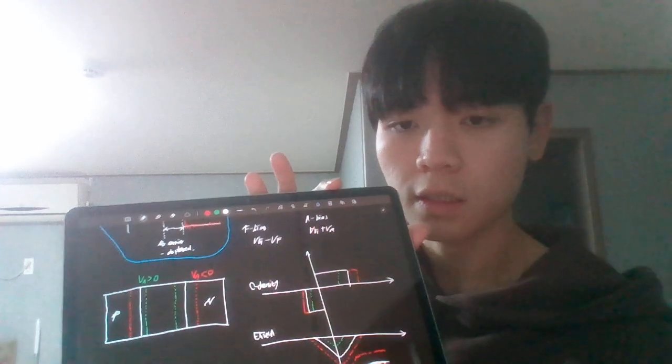We can easily see in the picture that when it is reverse bias, it's wider than before, and when it's forward bias, it's smaller than before. It is because when the reverse bias is applied, the electrons and holes in the n and p types tend to move in the opposite direction, and when it is forward bias, they tend to move closer. So that is why the width changes.